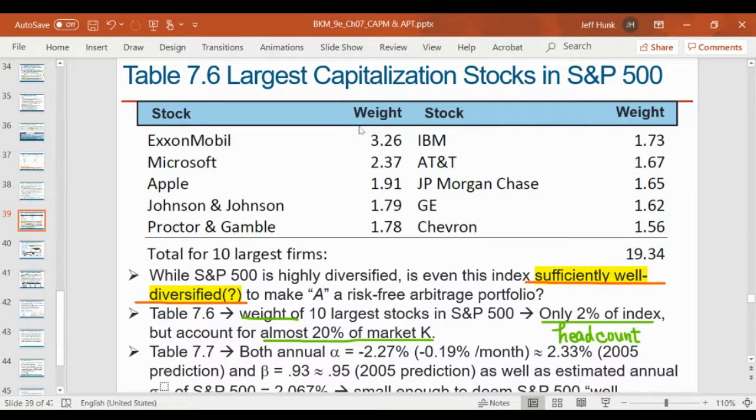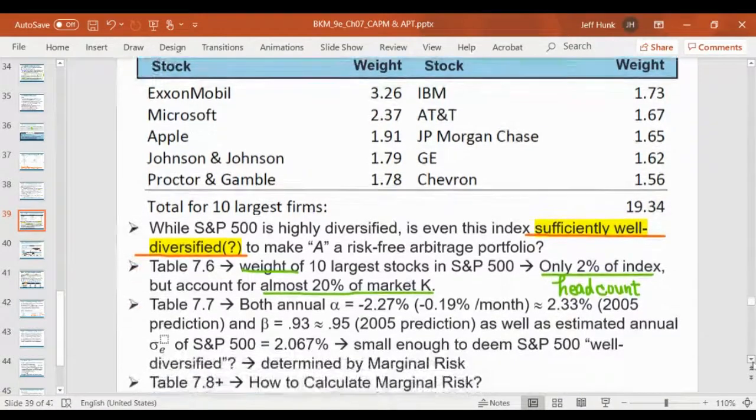So in terms of market capitalization, look at the weight. That means the weight of these 10 companies is almost 20%, right?